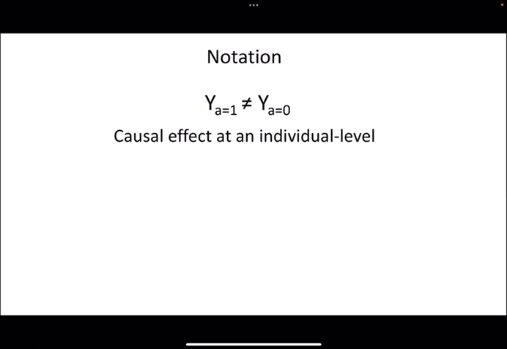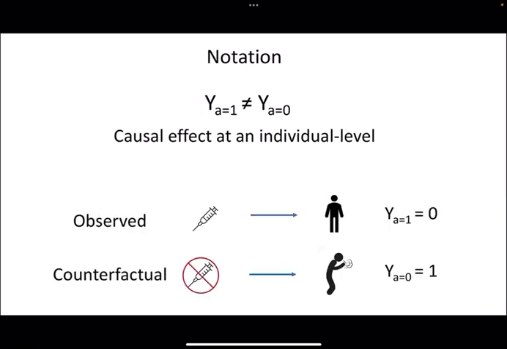So now we can have a formal notation for when there's a causal effect. When the outcome when an individual is treated doesn't equal their outcome when that individual is untreated, that's the definition of a causal effect at the individual level. Y subscript A equals 1 is not equal to Y subscript A equals 0. I find it very helpful to link that with visuals.